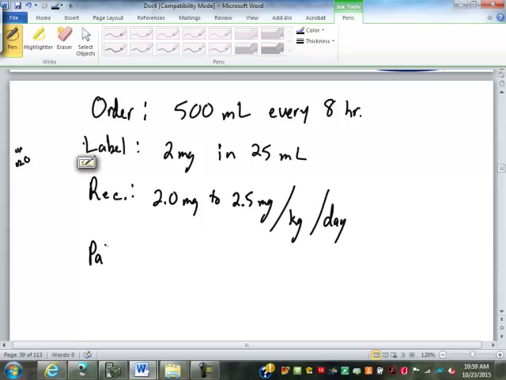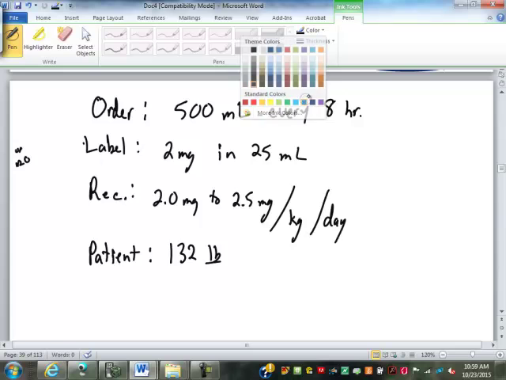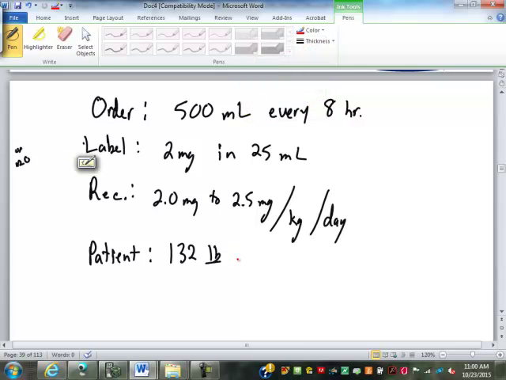And we have a patient that weighs, oh, let's go 132 pounds. First step, as always, is pounds to kilograms. So we divide by 2.2. What's that give us? 60 kilograms. Very good. Then what?